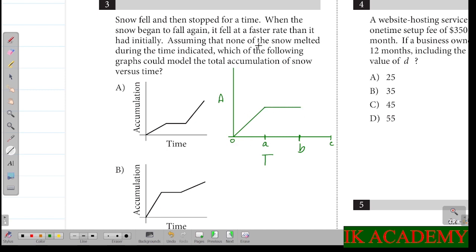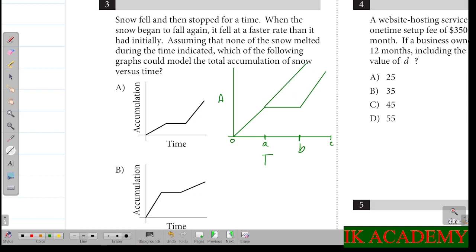Then in the third time period, it says it fell at a faster rate than it had initially. From B to C, it is falling faster. It means it will have more slope than the first time, or be steeper, or have more inclination than the first time.